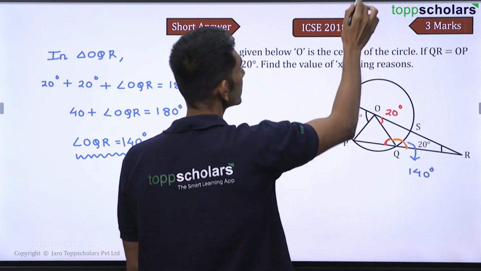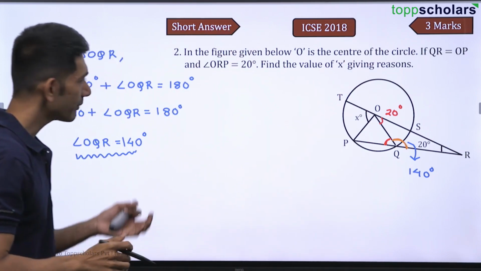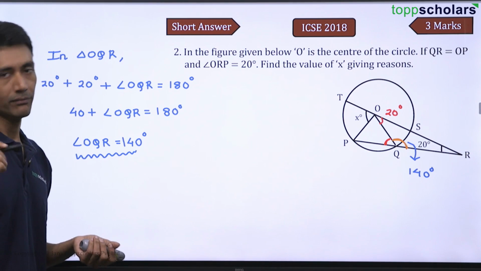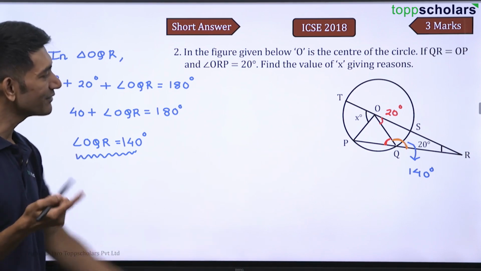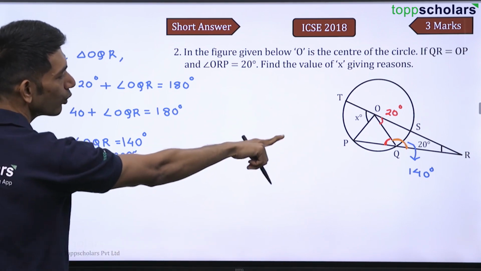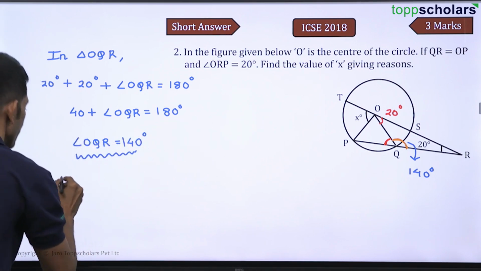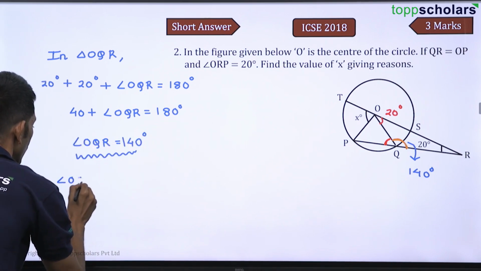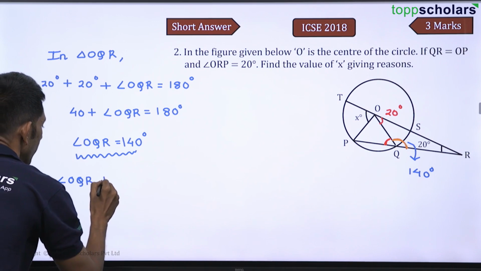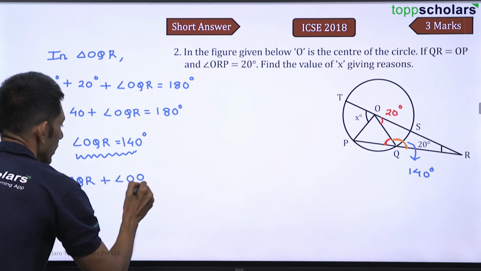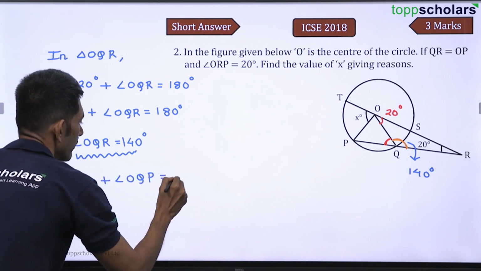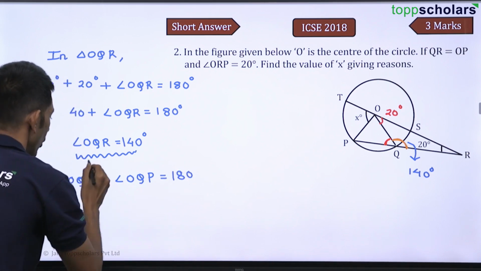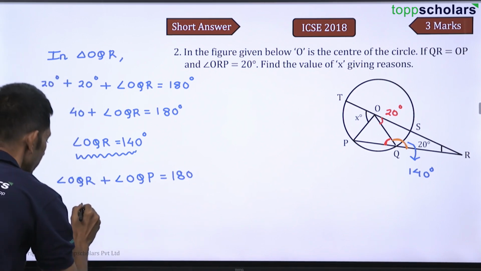So to write down all the statements, although the calculation part is not much, it's very simple, but then we have to give the reason every time, right? So we can say that angle OQR plus angle OQP is equal to 180. Already this angle OQR is 40.